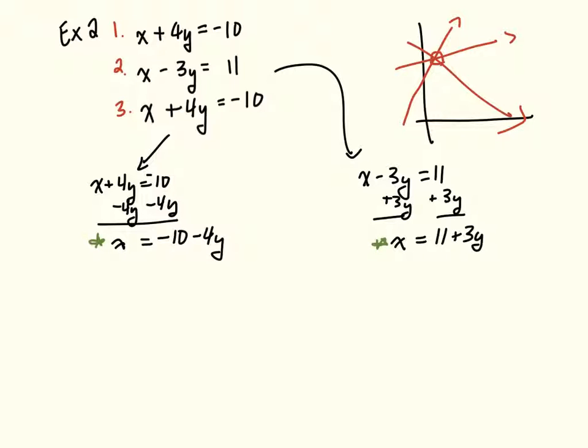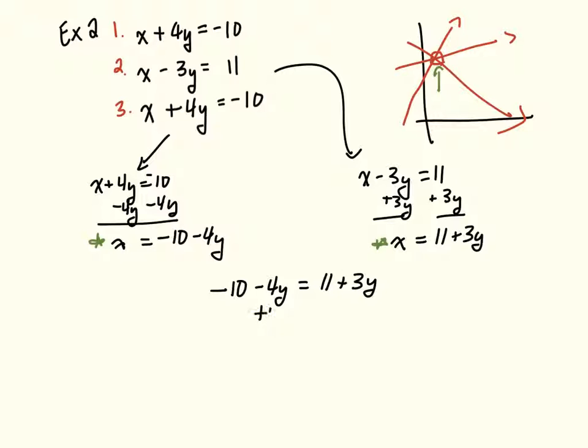Following the same reasoning as the previous question, I can make these two expressions equal to each other, because at that point is where we're going to get this intersection. So I'm going to make negative 10 minus 4y equal to 11 plus 3y, like so, so I can solve an equation in y.